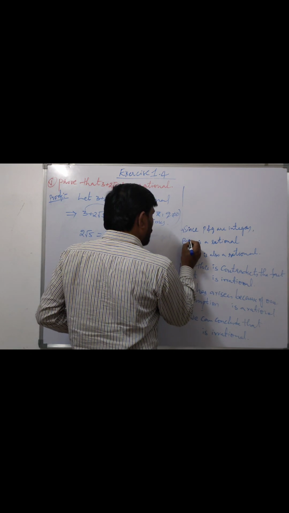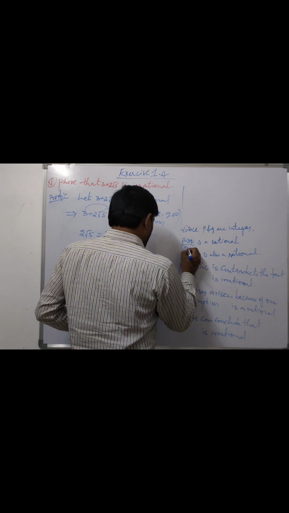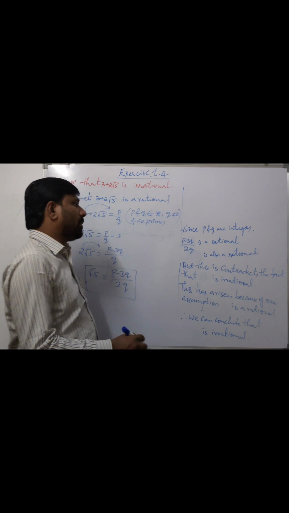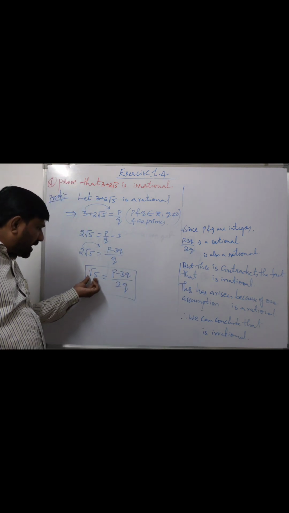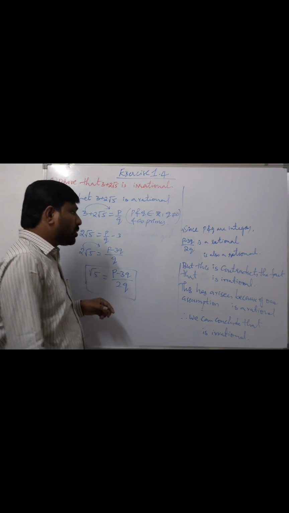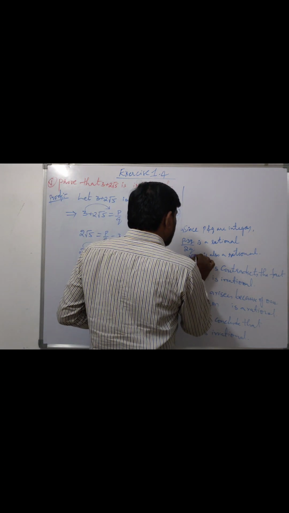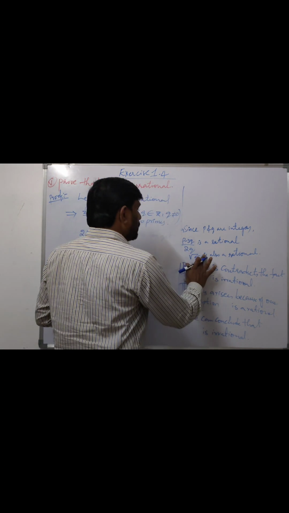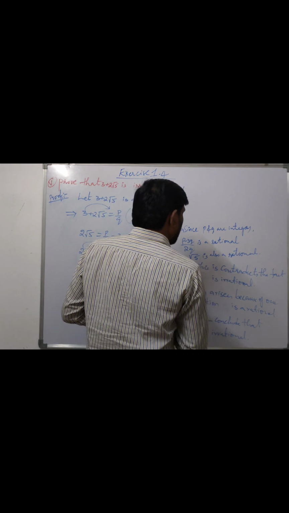So p minus 3q by 2q becomes a rational number. Once the RHS is a rational number, the LHS also should be a rational number. So root 5 is also a rational number.